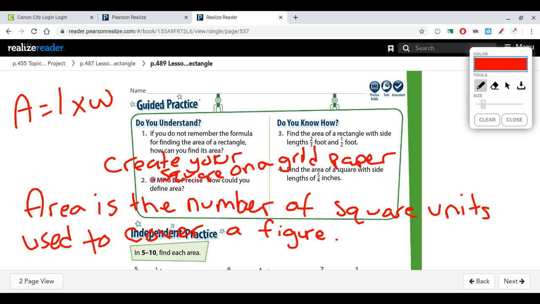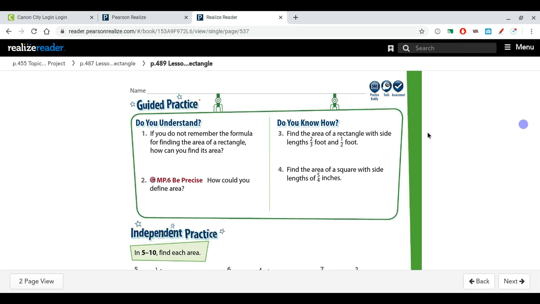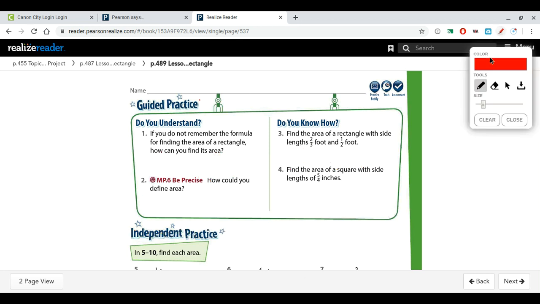It's going to be used to cover a figure. Okay, so again, area is going to equal length times width. So that might be something that is helpful to put at the top of your paper on both sides, that area is equal to length times width.